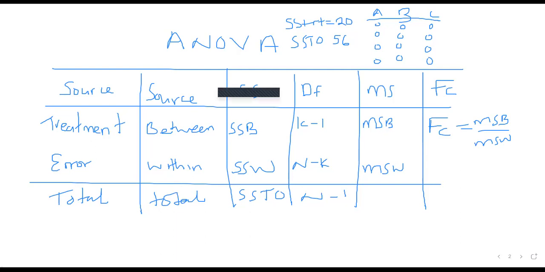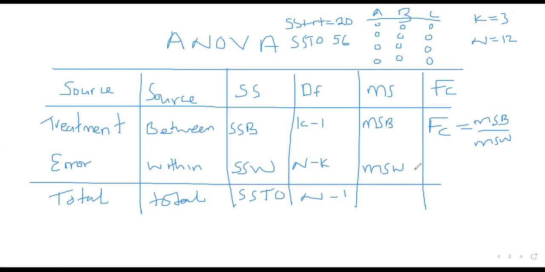Okay, if we're together, we can proceed. So here we have already established that our K is 3 and our capital N is 12. So let's balance this up.